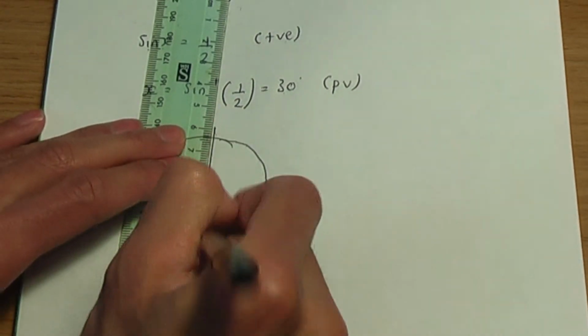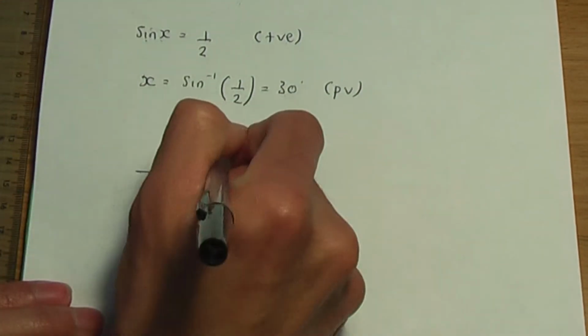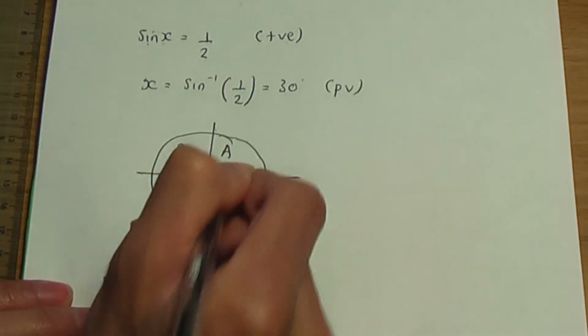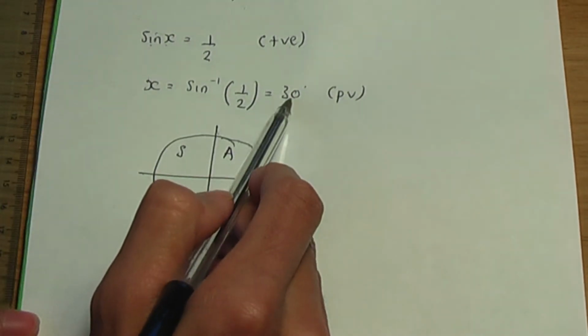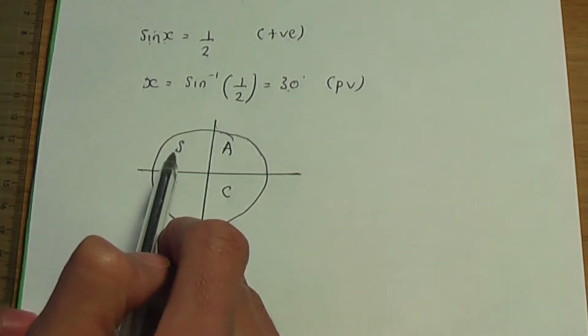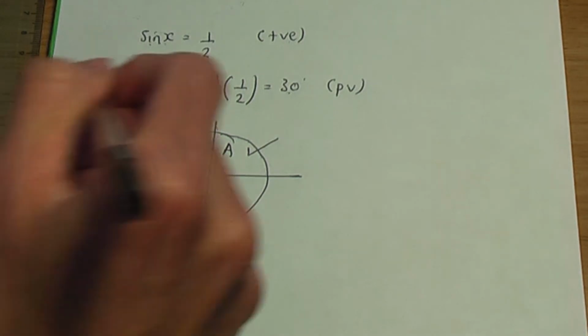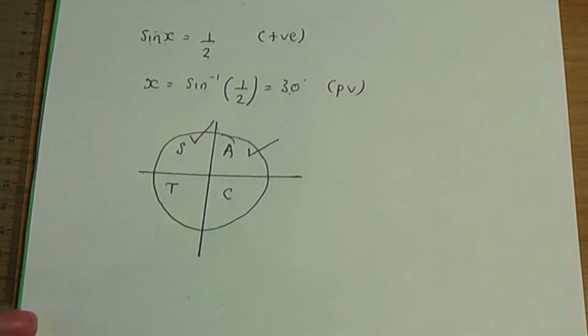So let me include the quadrants on the diagram. Let me label the quadrants, so all, sine, tan and cos. Remember, we need to plot 30 degrees where sine is positive, and sine is positive in the all quadrant, and sine is also positive in the second quadrant, the sine quadrant.